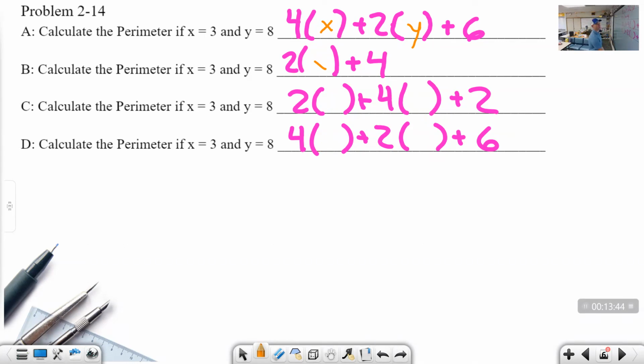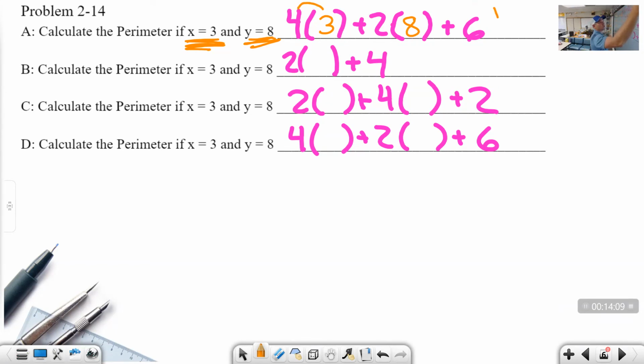So let's go ahead and get those X's and Y's out of there. And what we're going to do is evaluate by taking the value of X, and the value of Y, and we're going to find the value. Because this is the point of using a variable. Variables can change.